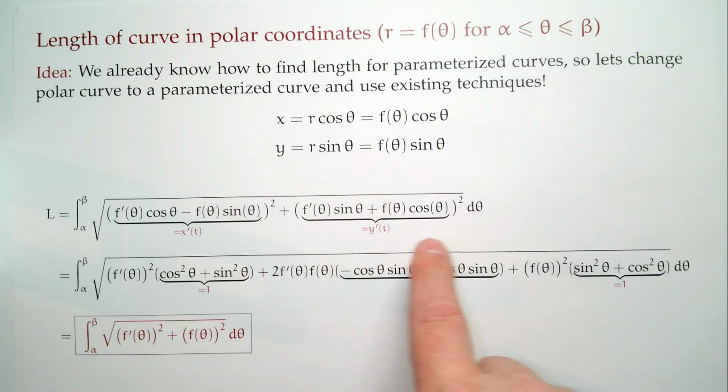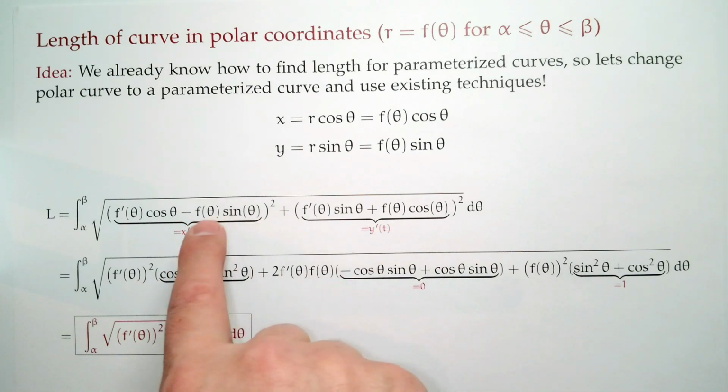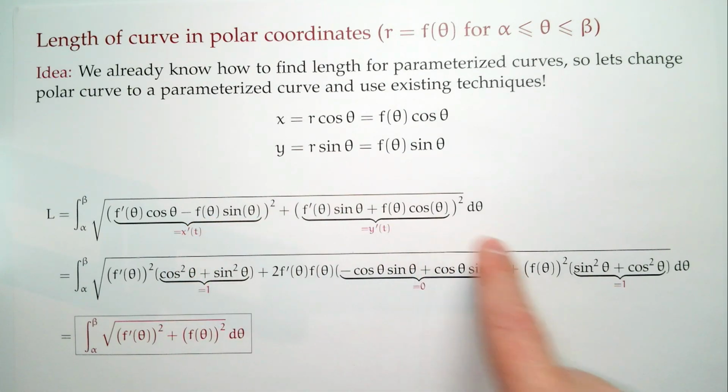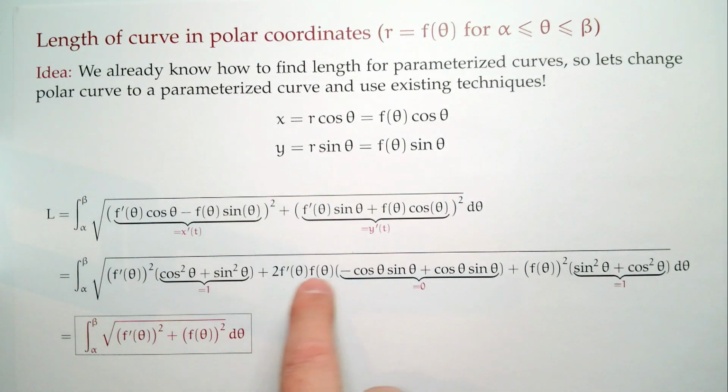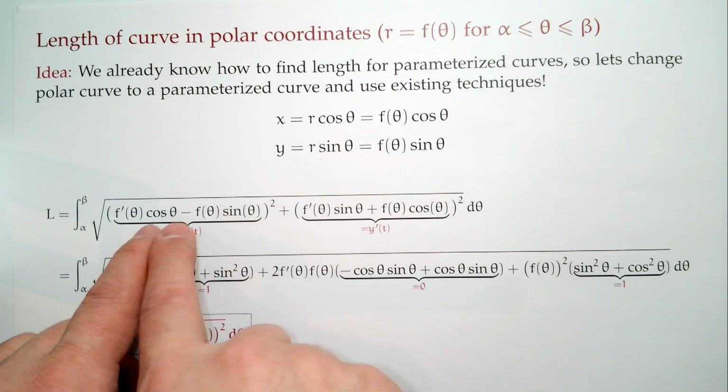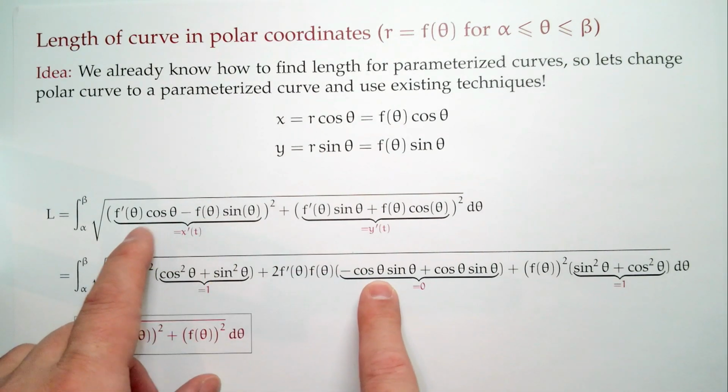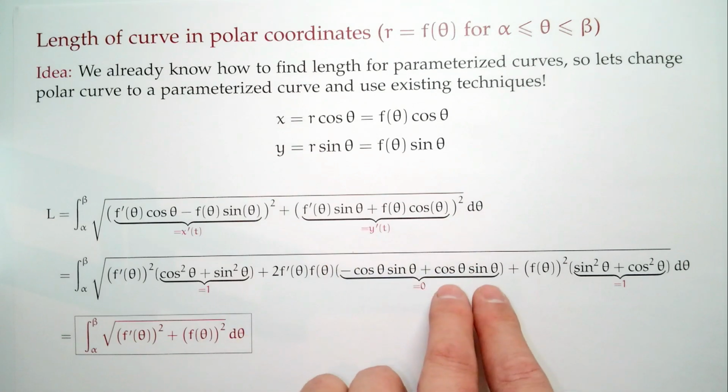You also will see that there's an f squared, and here there's a sine squared, there's a cosine squared. Then you get your cross terms. Namely, if you square a plus b, you get 2ab. So you have your 2, your f prime of theta, f of theta. From here you'll get cosine times negative sine, and from here you'll get sine times cosine.